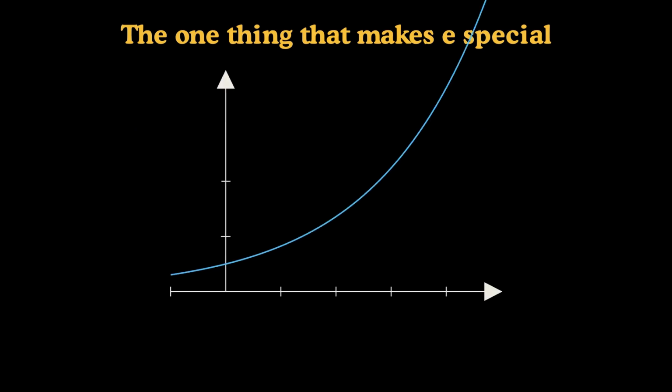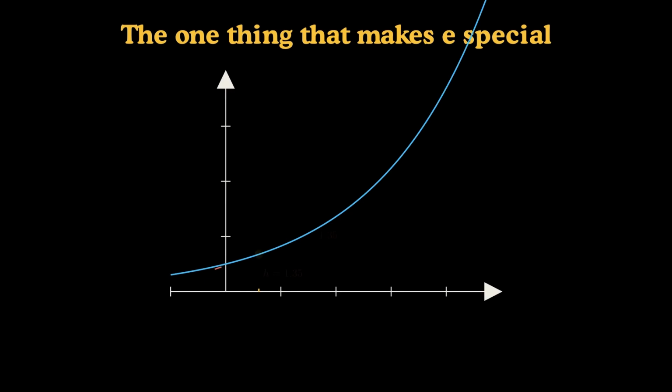For most functions, like a quadratic function or a linear function, slope and height are different things. They change in completely different ways as you move along the curve. The idea that they'd be identical everywhere seems almost too strict, way too specific. But there is exactly one function that does this, and that's e to the x.